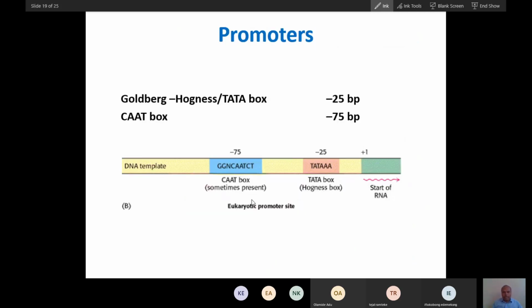You can see the promoter has about 250 nucleotides, more than 100 nucleotides. You can see this nucleotide difference. You can compare this promoter region with bacteria. So bacteria has -10 here and -35 here, and in eukaryotes -25 and -70.